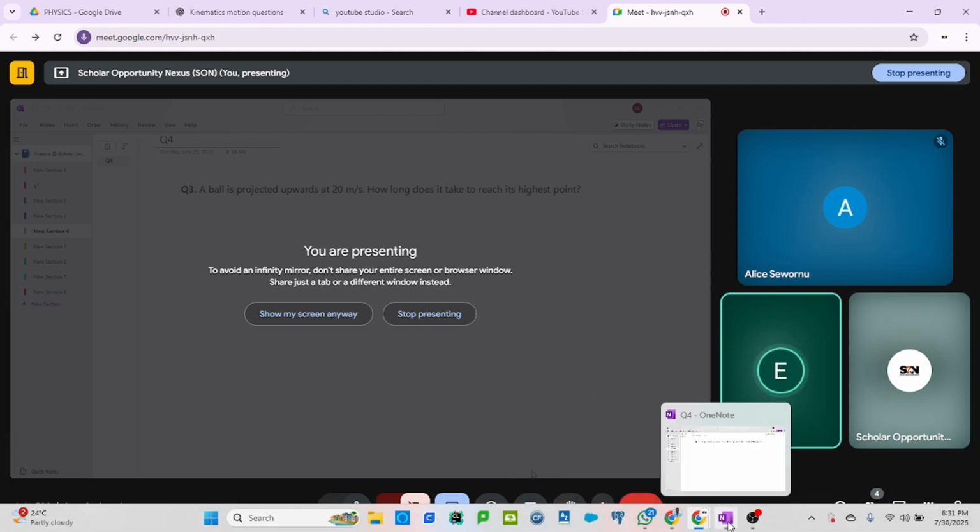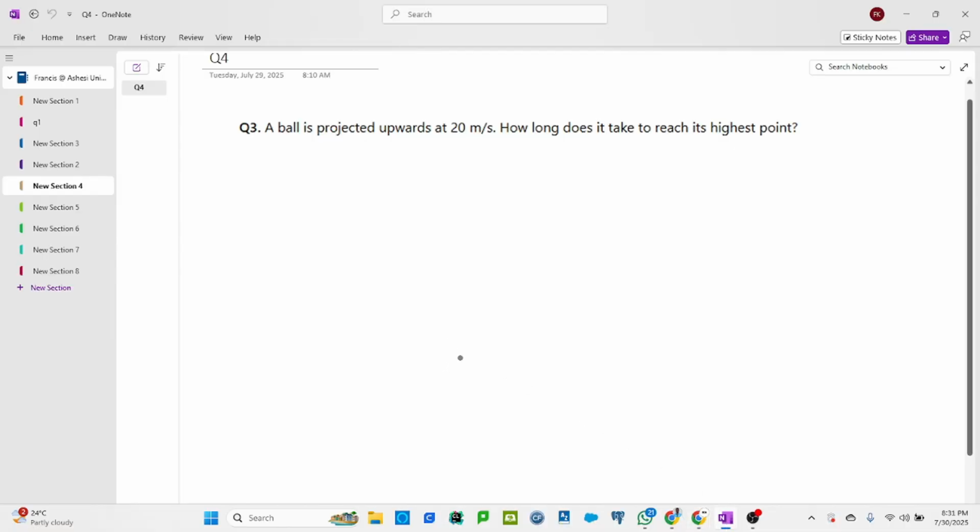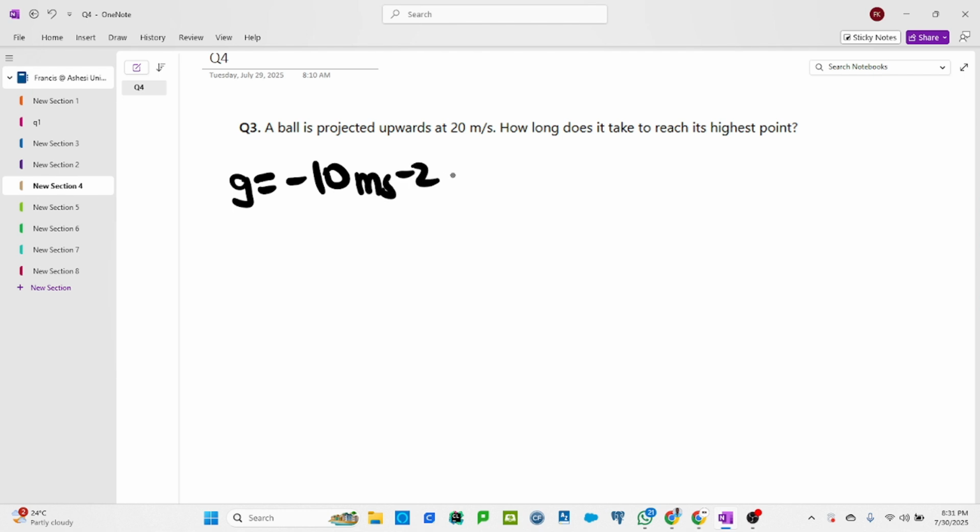Okay, so I first take my acceleration due to gravity to be negative 10 meters per second squared. Then I take my initial velocity to be 20 meters per second.